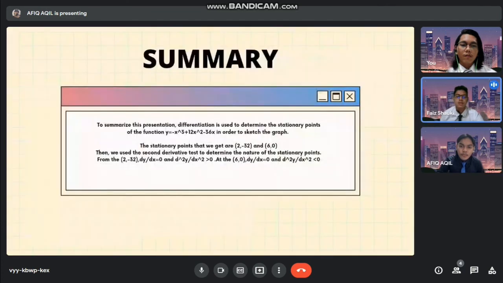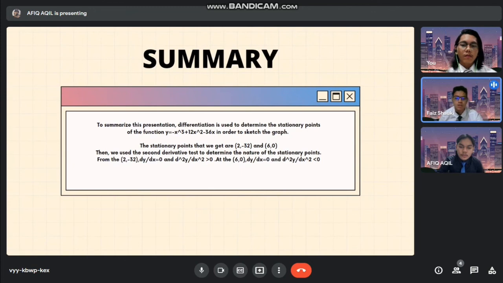Okay, lastly, for the summary. To summarize the presentation, differentiation is used to determine the stationary points of the function y equals negative x power of 3 plus 12x power of 2 minus 36x in order to sketch the graph.